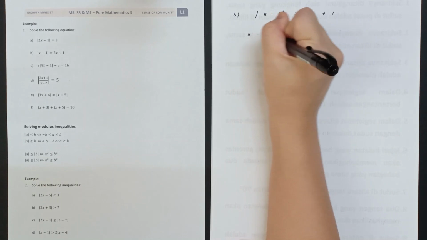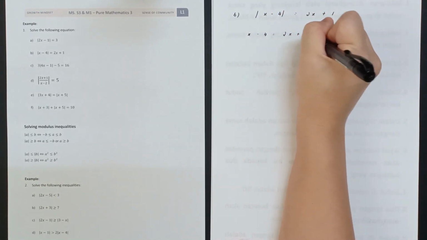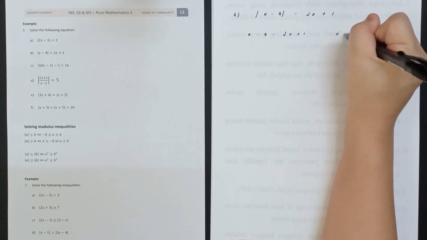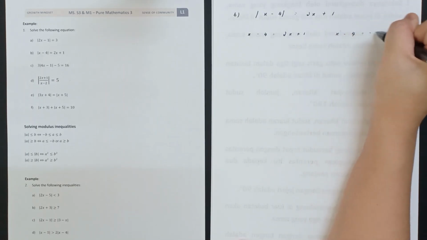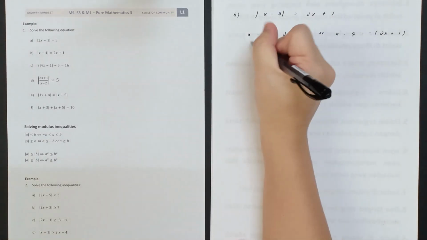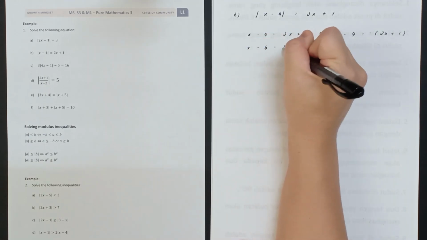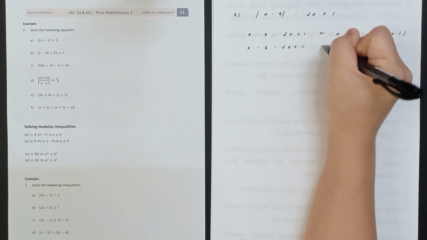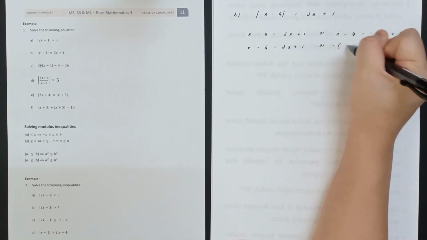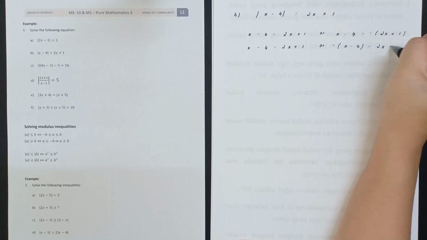So it can be x minus 4 equals 2x plus 1, or x minus 4 equals negative 2x plus 1. I repeat, if you want to write it another way, it's x minus 4 equals 2x plus 1, or negative x minus 4 equals 2x plus 1.